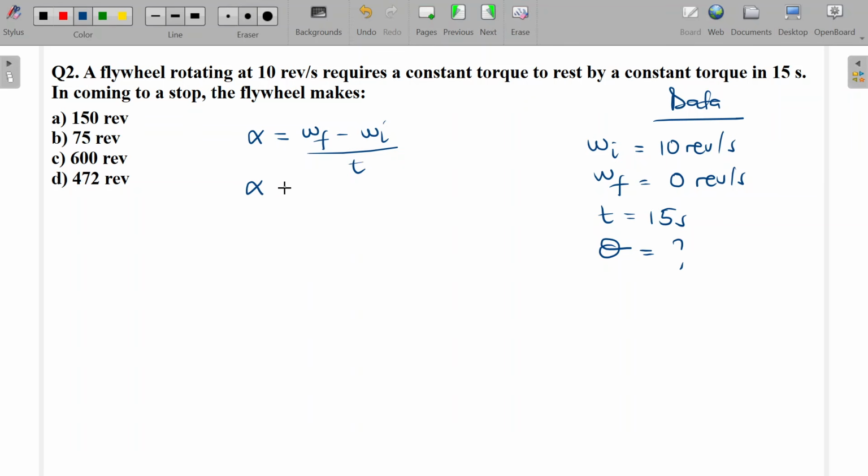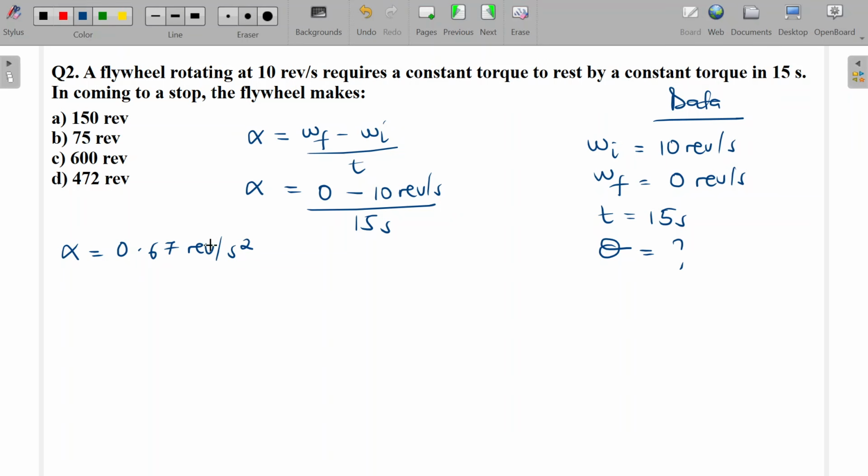Therefore, our acceleration is equal to W final, which is 0, minus initial, which is 10 revolutions per second, divided by the time, which is just 15 seconds. Therefore, your angular acceleration, when you divide 10 by 15, is going to give us 0.67 revolutions per square second.